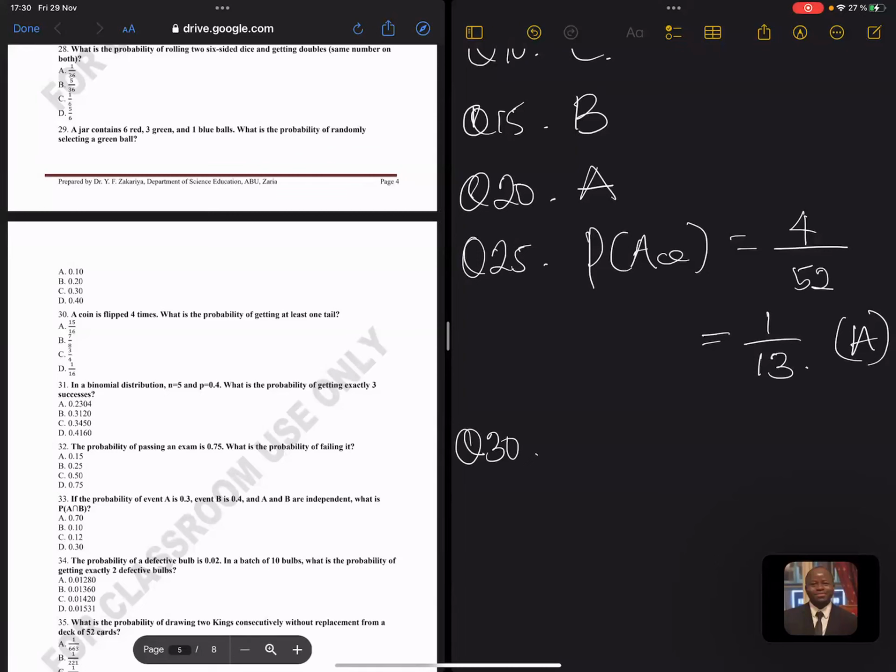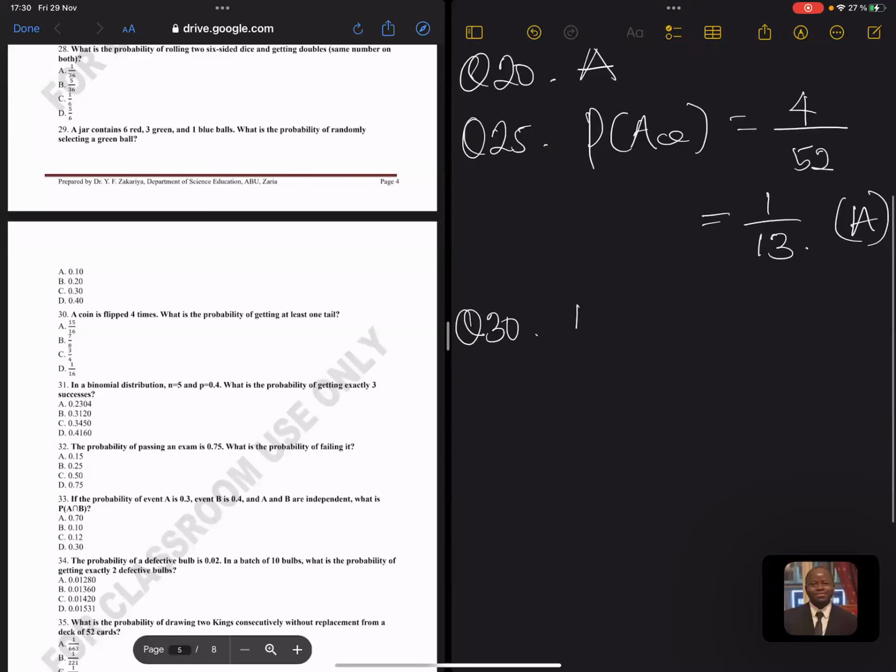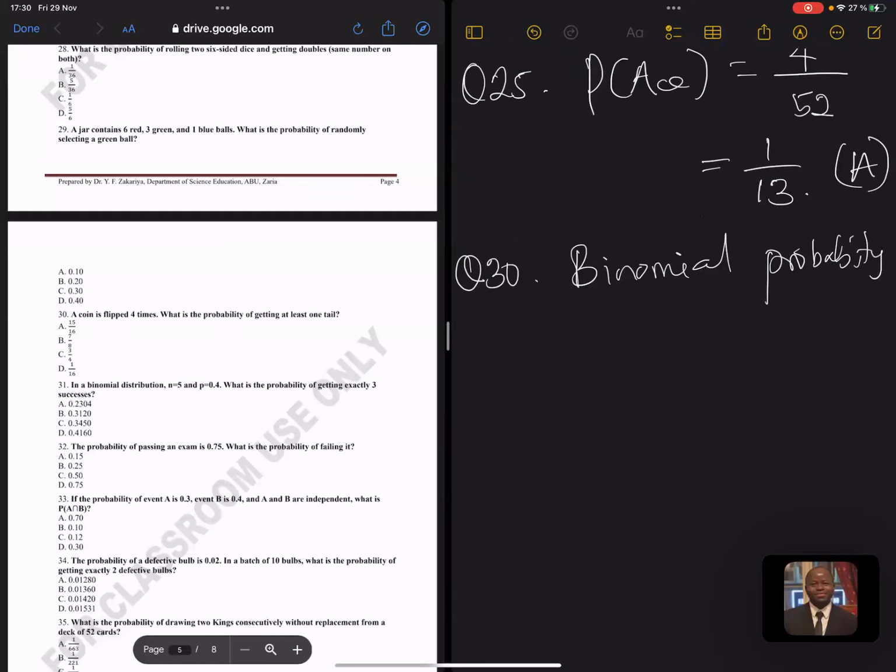But you have to be careful with the die. It's different from a coin, because a coin has how many options? Only 2, either head or tail. So this type of probability is nothing but binomial probability. Are we okay? Binomial probability.